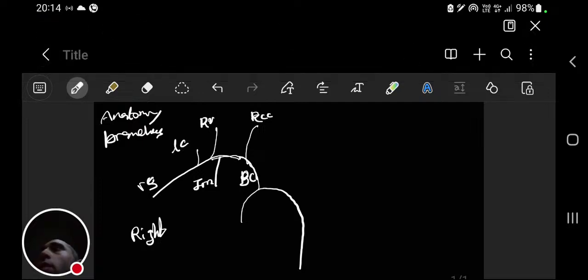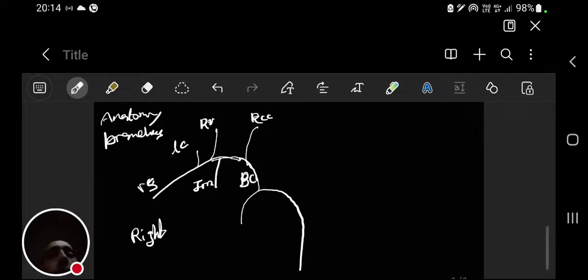Now, when we're talking about the left side, we won't have this brachiocephalic branch. We will have its branches coming immediately from the arch of the aorta. So here we have the left common carotid artery, just right over here. And you remember that the common carotid artery will split to become the internal and external carotid artery.